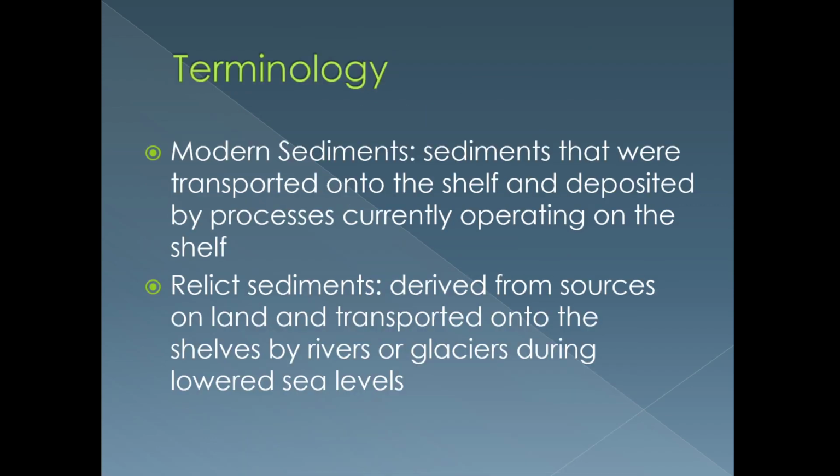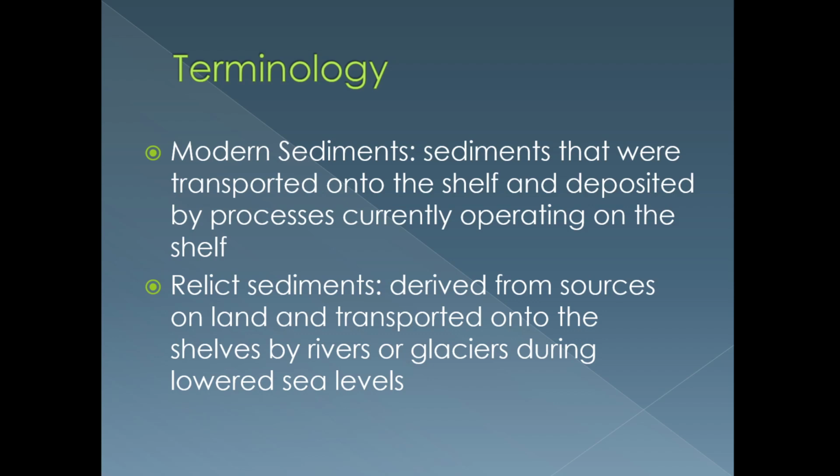So on these different shelves, there's two different types of sediments. So there's modern sediments and relic sediments. Modern sediments are sediments that are deposited onto the shelf during the current processes that are affecting the shelf at that moment, while relic sediments are previously deposited material that was on the land and has been transported there by rivers or glaciers or activity that has happened previously, such as lowered sea levels.